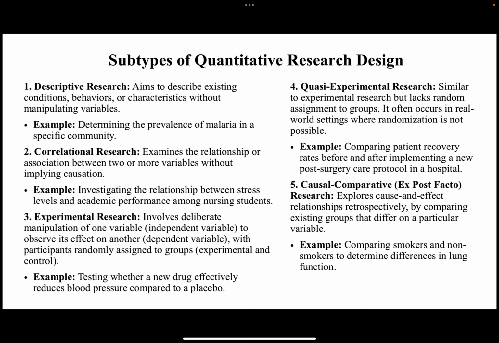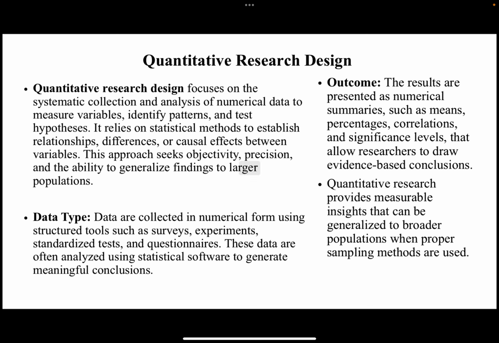If you check the results and they are showing descriptive and inferential statistics, like mean, median, mode, or standard deviation, automatically you should know it's a quantitative study. Don't expect to see those kinds of analysis in qualitative studies. Is that okay? Good.